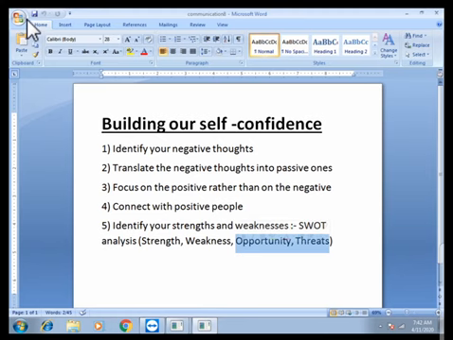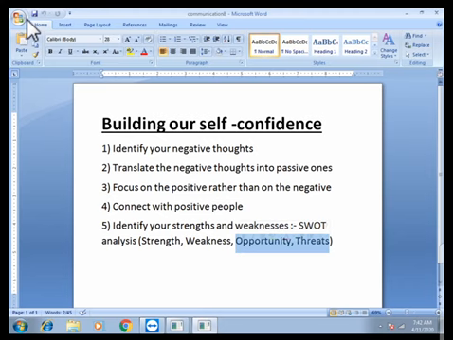This analysis will help you build on your strengths and abilities and work on your weakness. You will also be aware of the threats and start thinking of how you can turn them into opportunities.